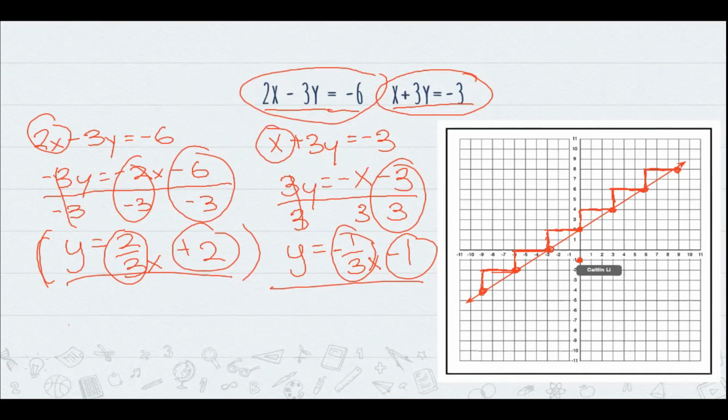And from here, we go up or down 1, and 3 over, and then 1 down, 3 over, 1 down, 3 over. Then we go 1 up, 3 over, 1 up, 3 over, 1 up, 3 over.